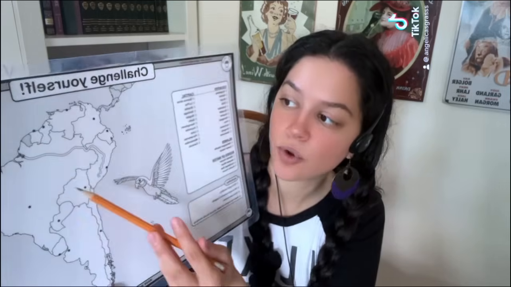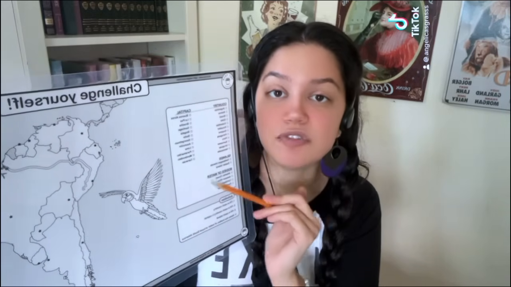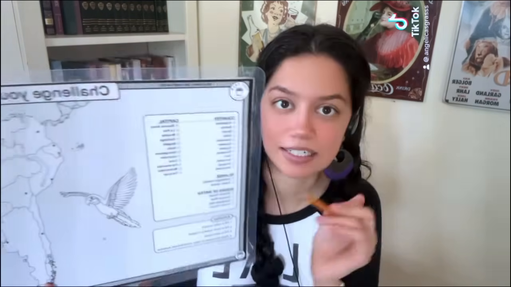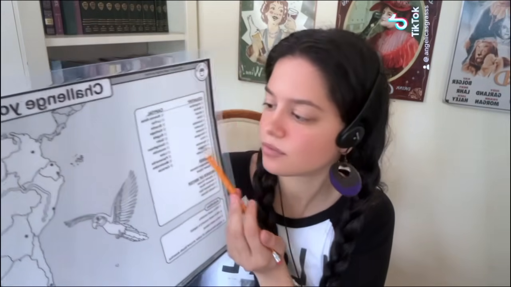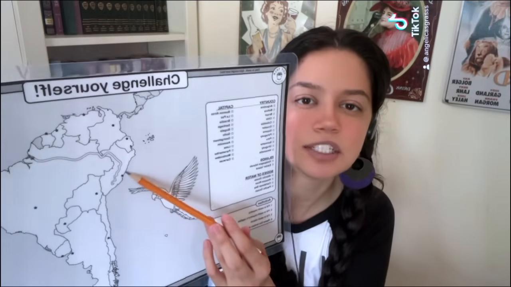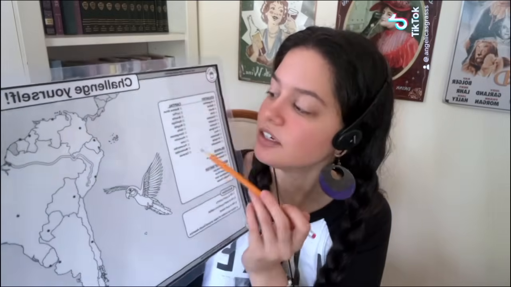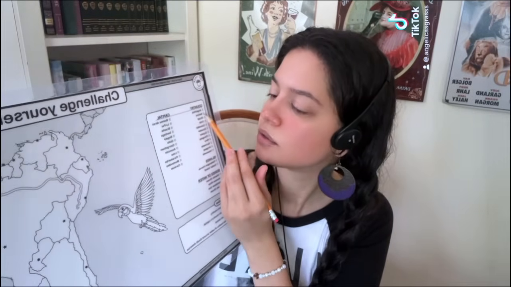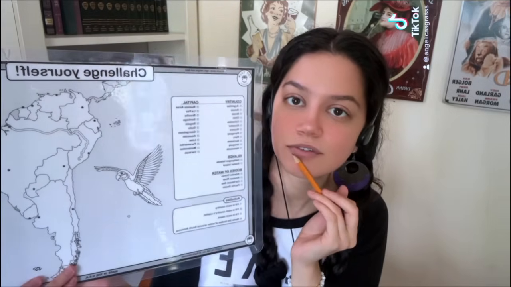Now, going upwards, we already covered Venezuela. Next to Venezuela, we have, above Brazil, Guyana. And next to Guyana, we have Suriname. Very good. And did we cover Peru? Yes, we covered Peru. The heart of the continent. Very good. Bolivia. Okay. And then next to Bolivia, we have Paraguay.